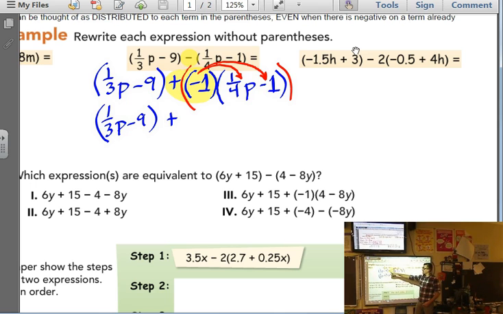Now we have that addition. What's my first term from my distribution? What's the opposite of 1/4 p? -1/4 p. So it's a -1/4 p. Assume addition. We have the opposite of a -1, or a -1. Positive 1. Yep.